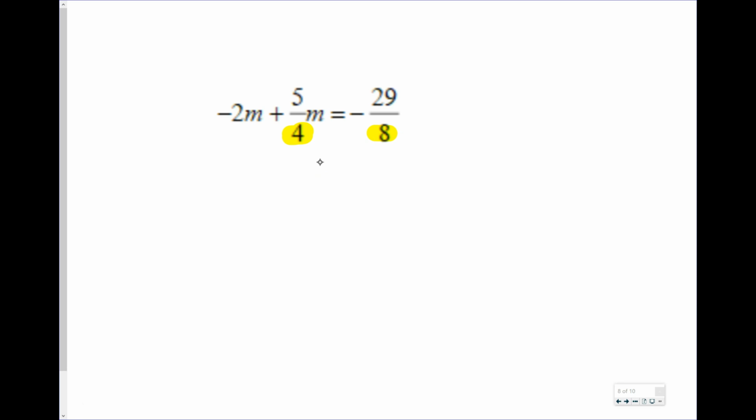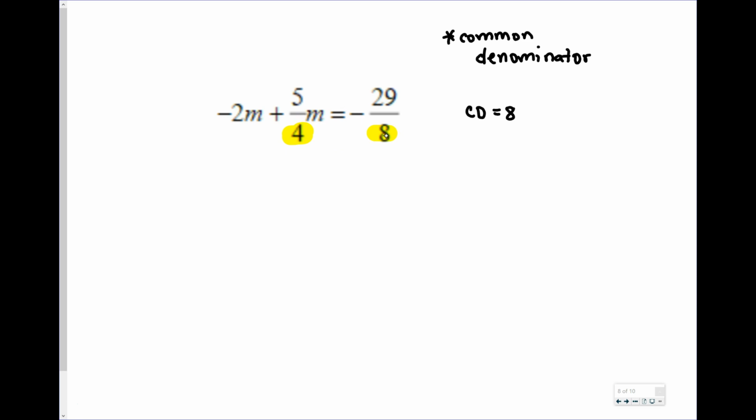What is the common denominator between 4 and 8? I even put this over here as CD. The common denominator is actually 8.